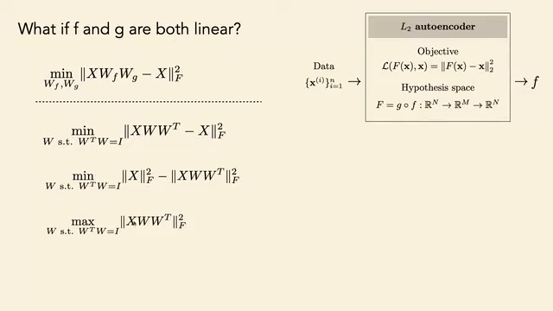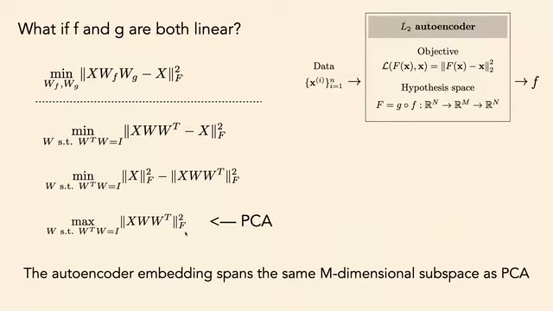And that might be the more familiar PCA that you're used to. What can be proven is that the embeddings learned by a linear autoencoder span the same subspace as the embeddings learned by PCA. So this is the rough argument there.